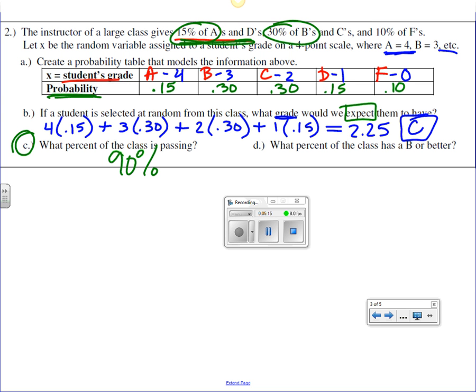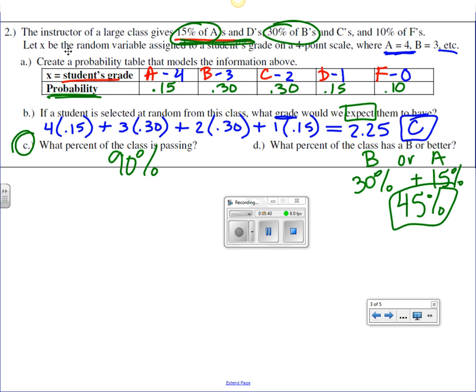So that means they have a B or they have a A. Well, what percent had, we'll do B first. What percent had B? 30%. What percent had A's? 15%. And what does OR mean to do? Add. So 45% have a B or better.